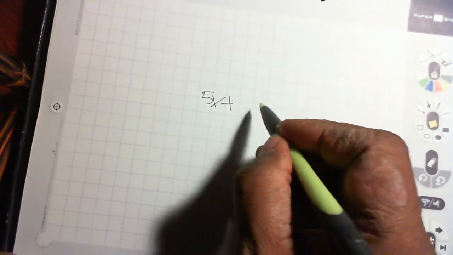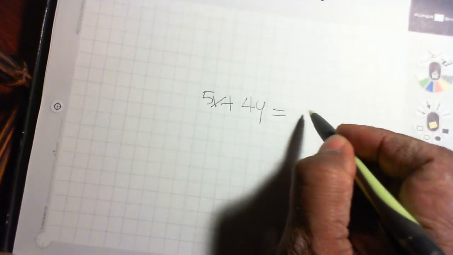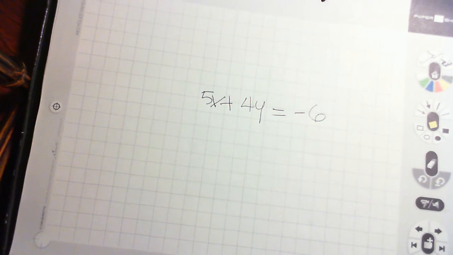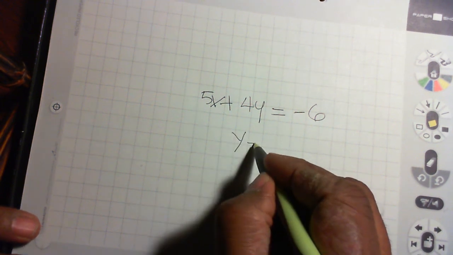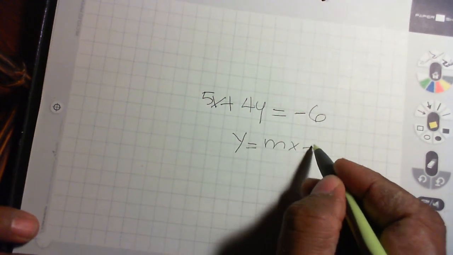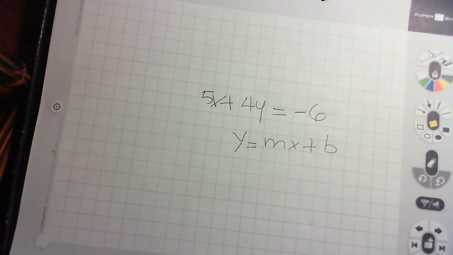So remember, you need to be able to find, if you're given the equation of a line, for example, 5x plus 4y is equal to -6, how do I find the slope of this line? In order to find the slope of this line, I need to write it in the form of y is equal to mx plus b. And how do we do that?